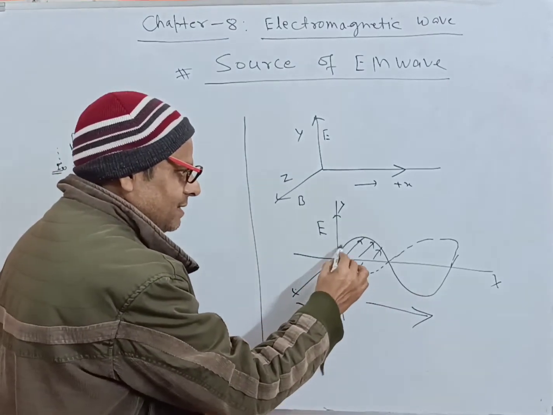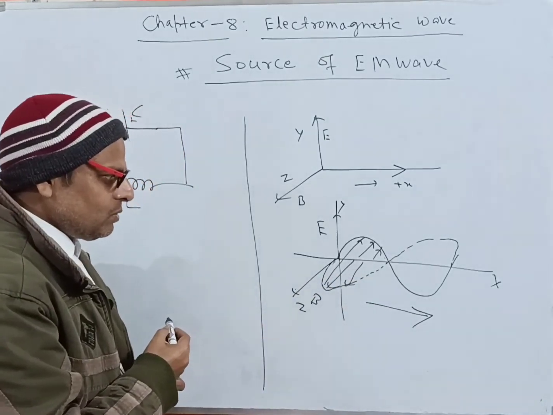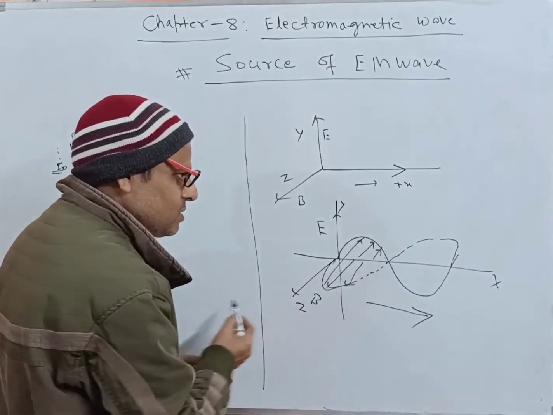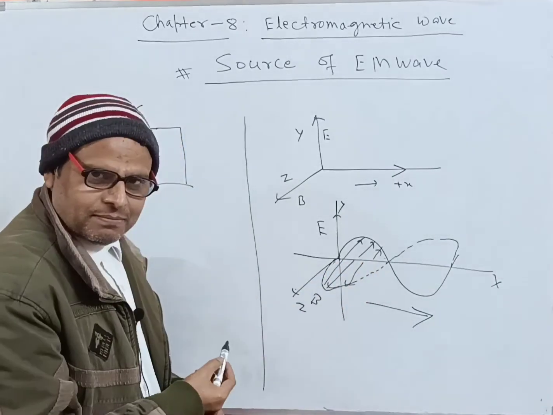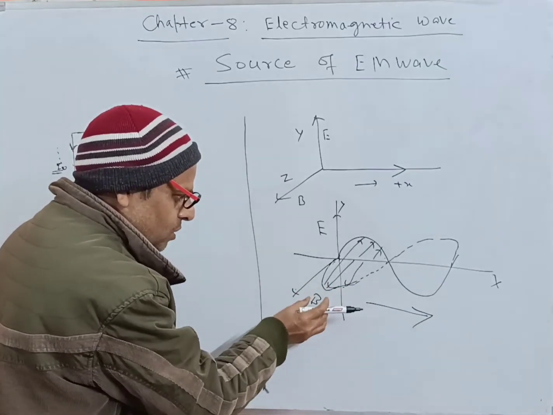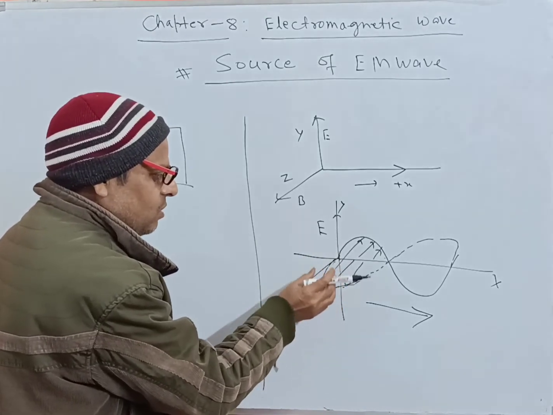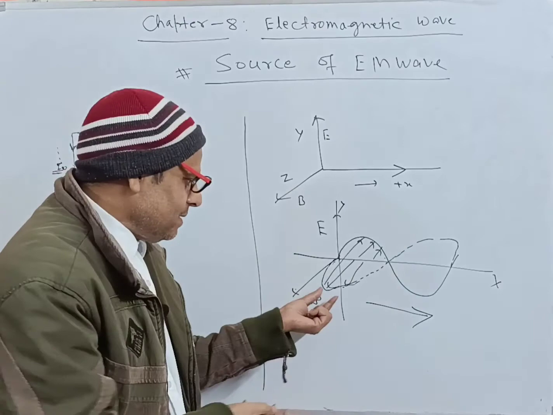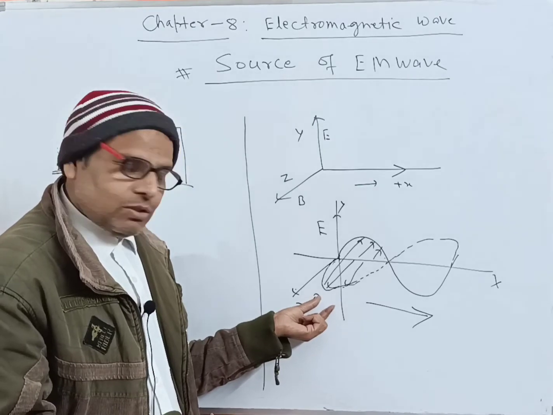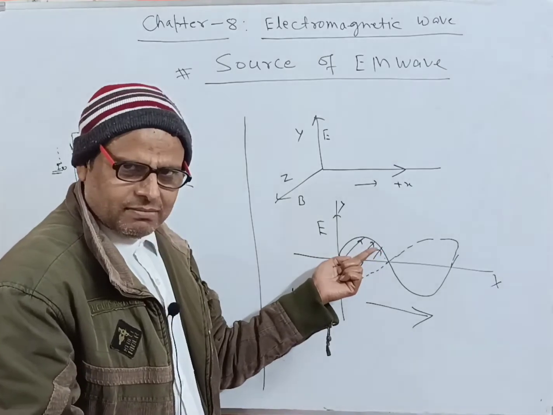So this electric field produces the magnetic field, and you all know that this magnetic field wants to vanish this electric field according to Lenz's law. The magnetic field B that has been produced due to E opposes the cause of its birth, so B wants to finish this electric field.